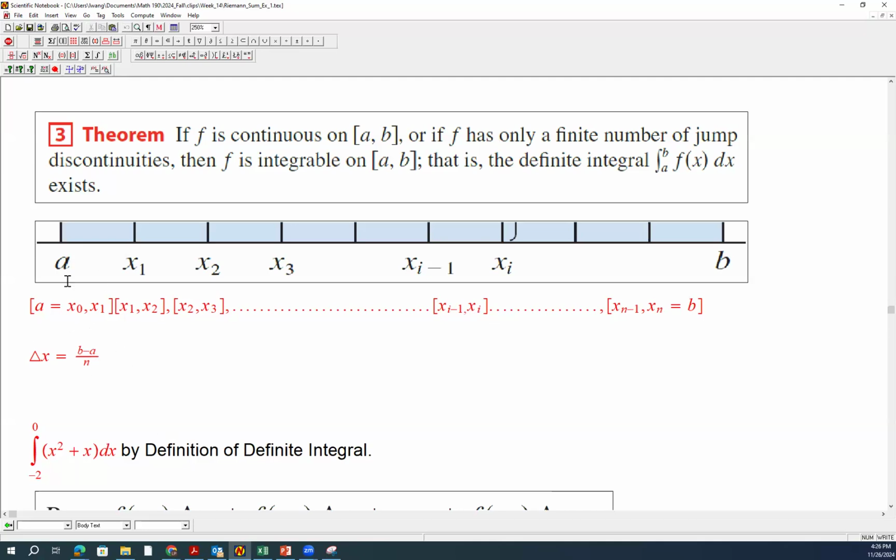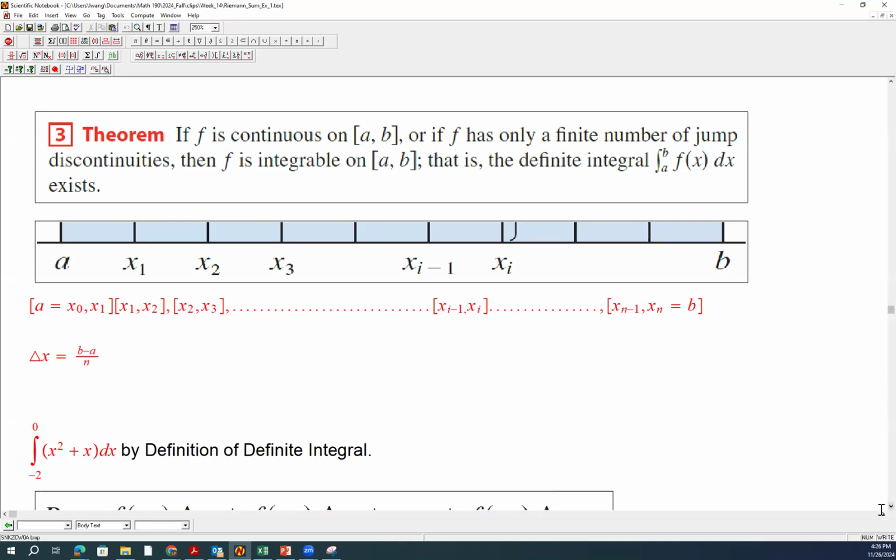And secondly, because we can choose the star point anywhere in the subinterval, we can choose the right end, or left end, or the middle. It turned out in most situations, if you choose the right endpoint, it's just a little bit easier, but you can also choose the left endpoint.